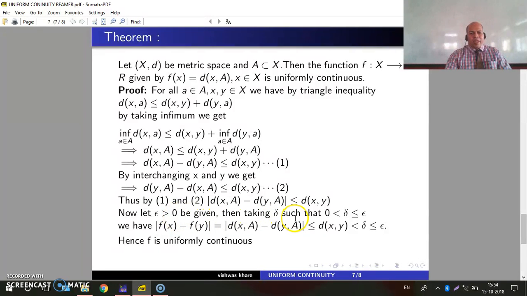Then taking delta such that 0 less than delta less than epsilon, we have modulus of f(x) minus f(y), which is the same as d(x, A) minus d(y, A), is less than or equal to d(x, y) less than delta, which is less than or equal to epsilon. Hence, f is uniformly continuous.